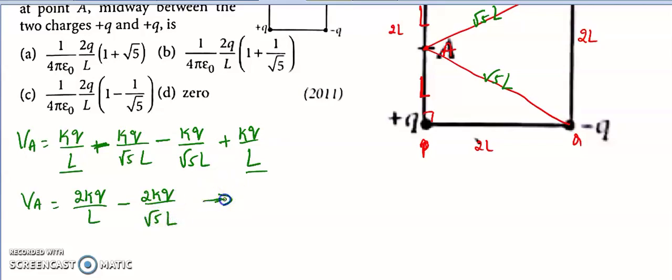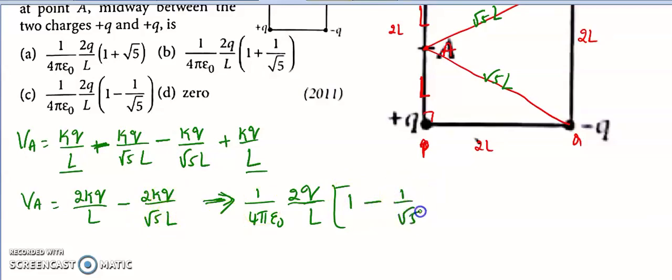Now what is the common factor? 2KQ is common. That means 1 by 4 pi epsilon naught, Q divided by L, with the 2 common, and the remaining is 1 minus 1 by root 5.